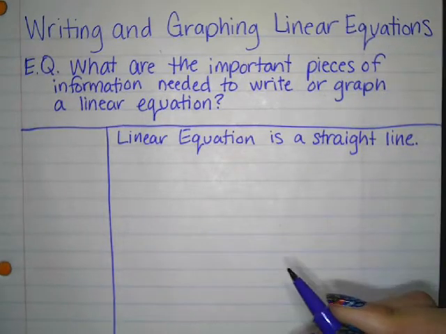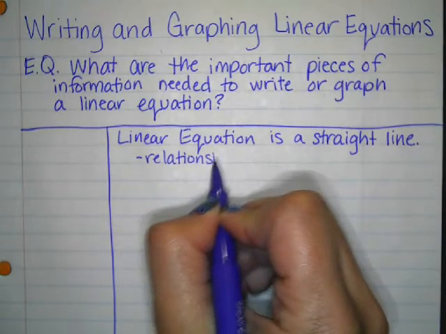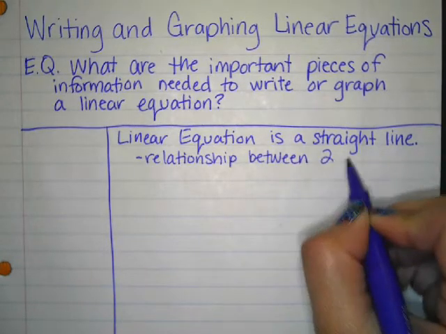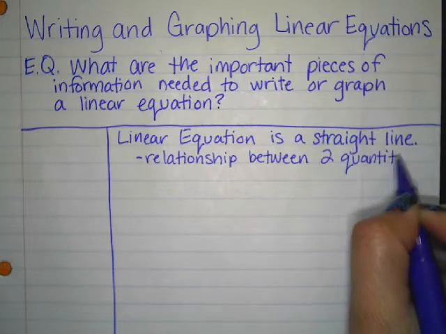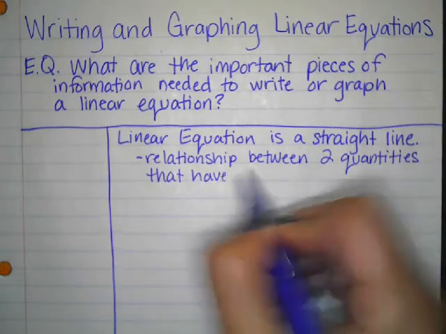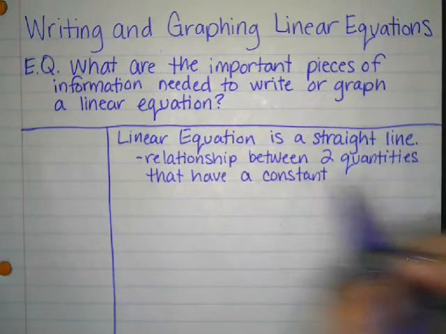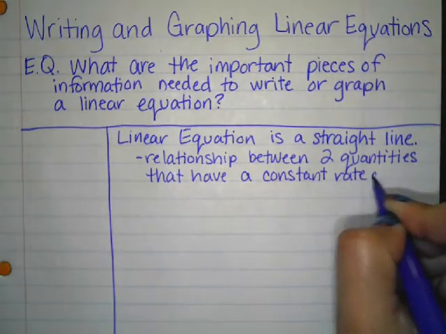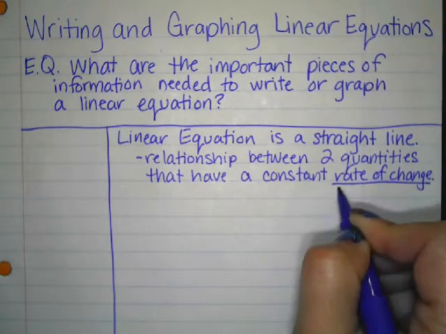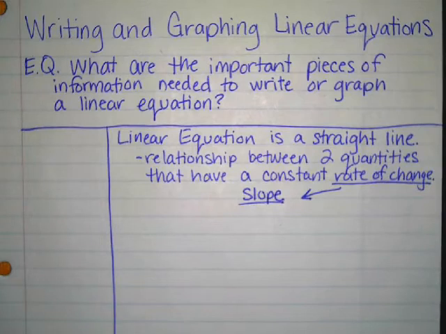And essentially what it really is, it's a relationship between two quantities that have a constant rate of change. I'm going to underline rate of change because this is really just our slope, what we've been finding the last couple days. The rate of change is just your slope.